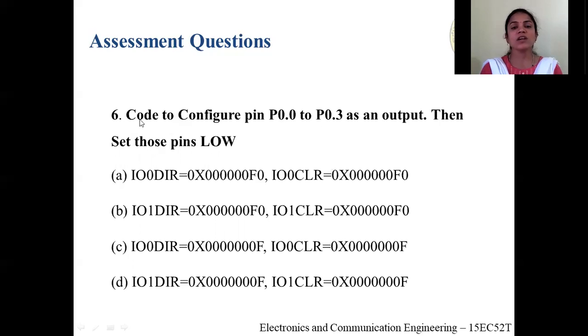The next question: code to configure pins 0.0 to 0.3 as output, then set those pins low. So first we have to set these pins as output pins, then set the value low on those pins. To control direction, we have to use the DIR register, and to set pins low, we have to use the clear register.